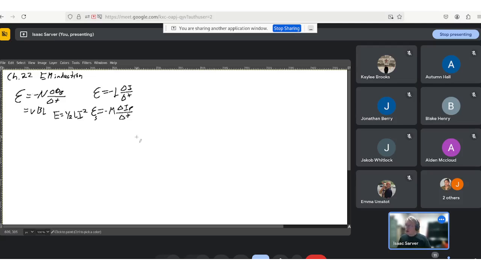So, this guy here. Remember how we had the transformer. There's no reason why the secondary of the transformer has to be secondary and the primary has to be the primary.